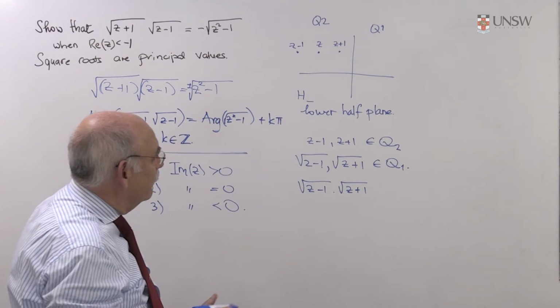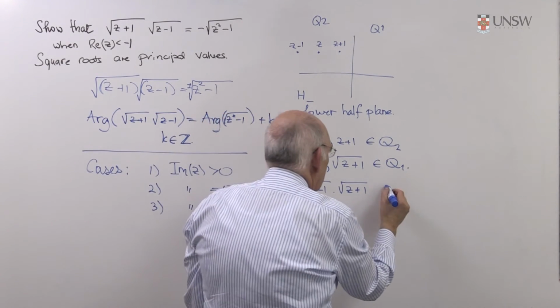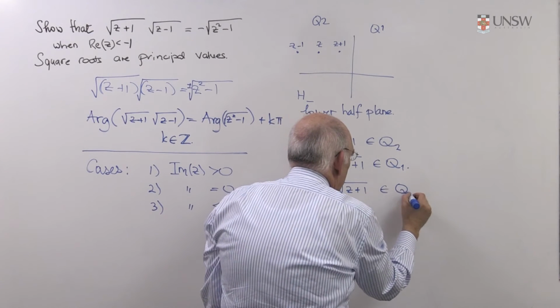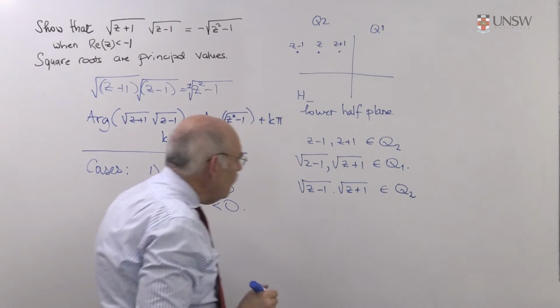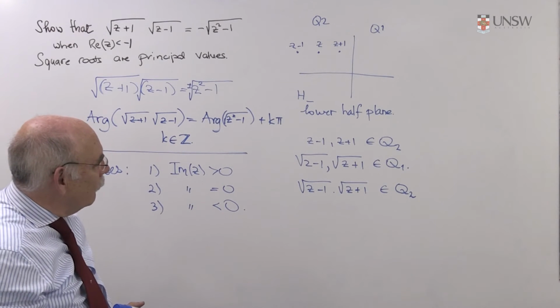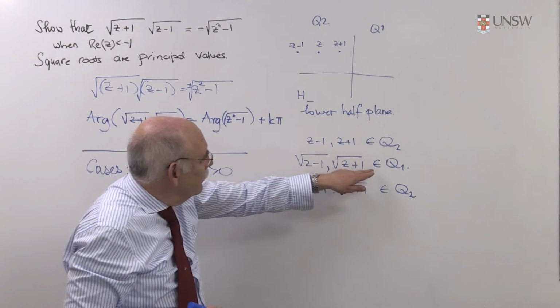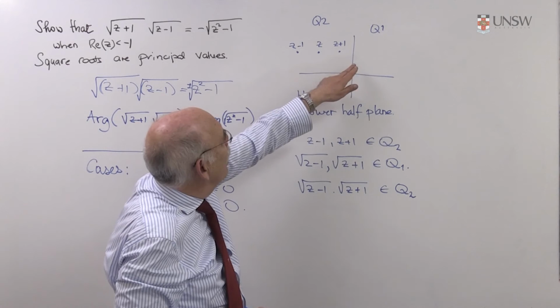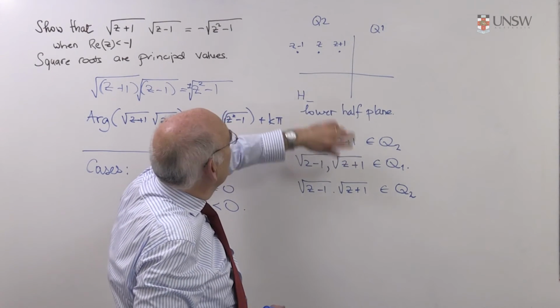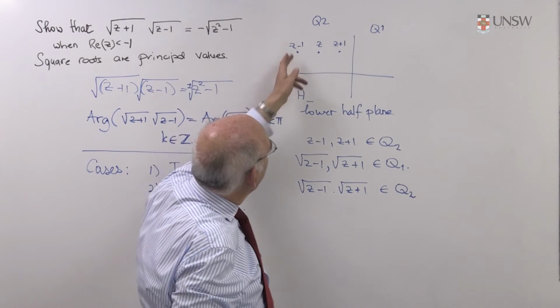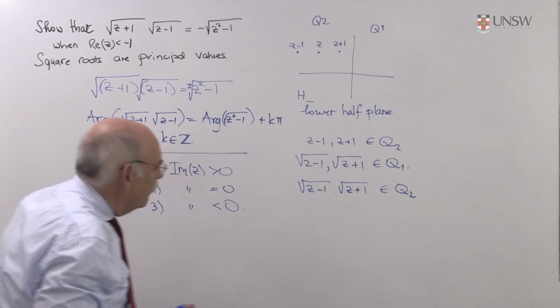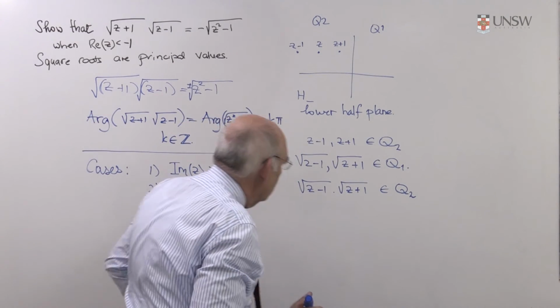well, it actually turns out that it's back in the second quadrant. One needs to be perhaps a little bit careful, but these both have arguments that are less than pi by 2, so when I multiply them together, the argument is less than pi, so it's certainly somewhere up here in the upper half plane. But in fact, it's in the second quadrant.